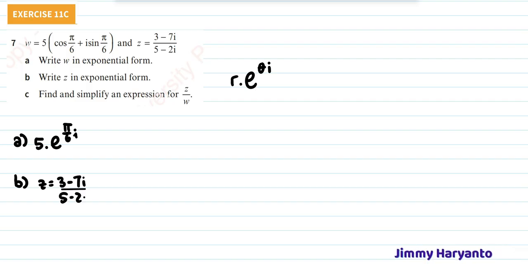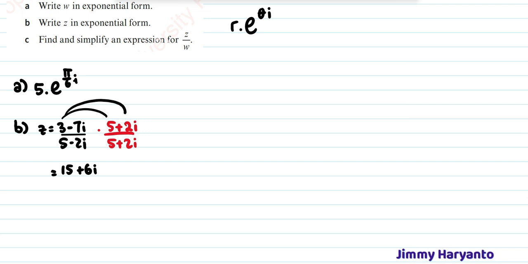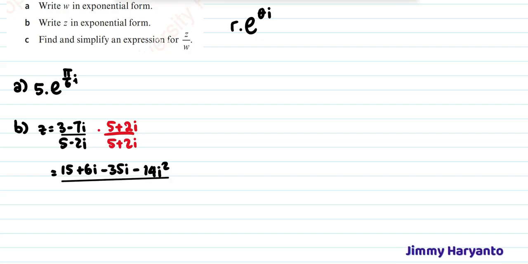And then for the b, because the z is not good enough to find the modulus and argument, it means we have to simplify this one first by rationalizing it. So 5 plus 2i, 5 plus 2i, and then we will multiply it. This times this equals 15, this times this equals plus 6i, and then negative 35i, and then negative 14i square, divided by, for the bottom part, 25 minus 4i square.